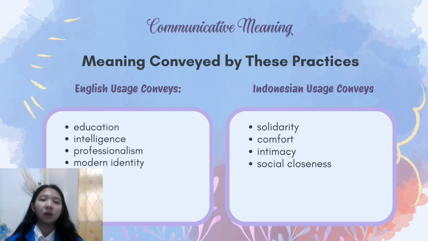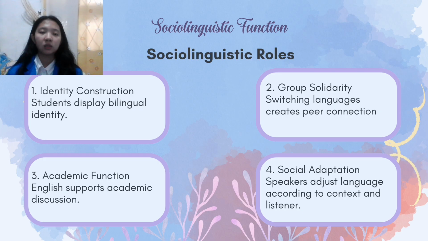Communicative meaning, the meaning conveyed by this practice. English use conveys education, intelligence, professionalism, and modern identity. Indonesian use conveys solidarity, comfort, intimacy, and social closeness. Sociolinguistic function: there are four sociolinguistic roles.